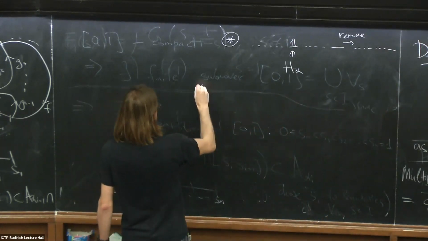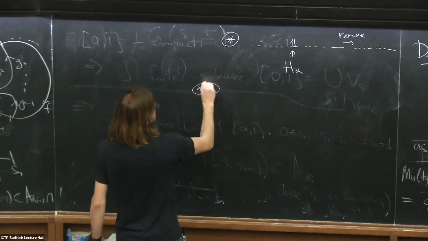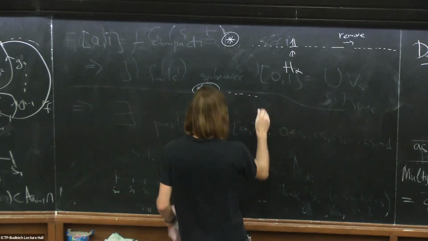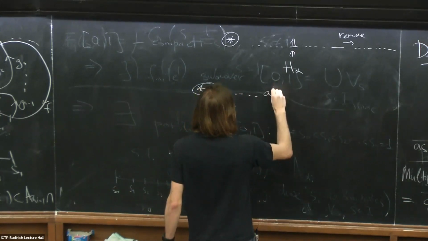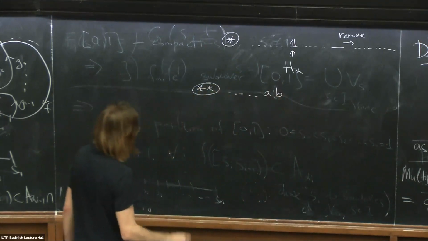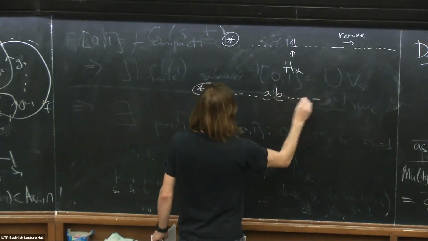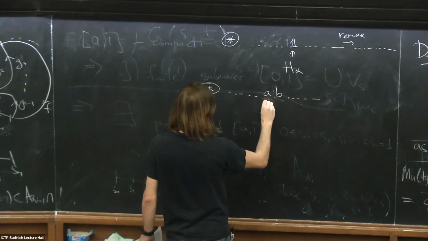And the second rule is that if you have a consecutive pair of A and B elements, so this is considered as 2 independent symbols.